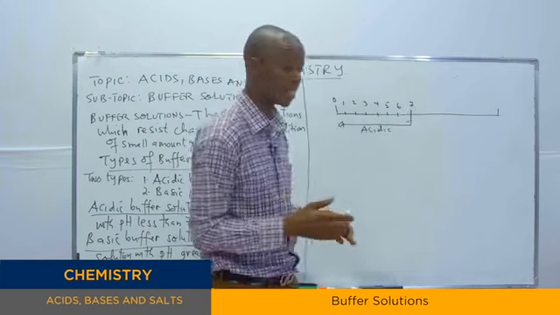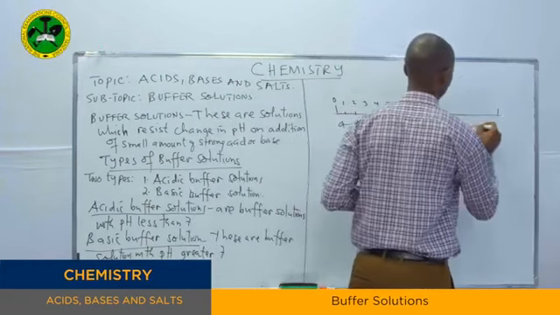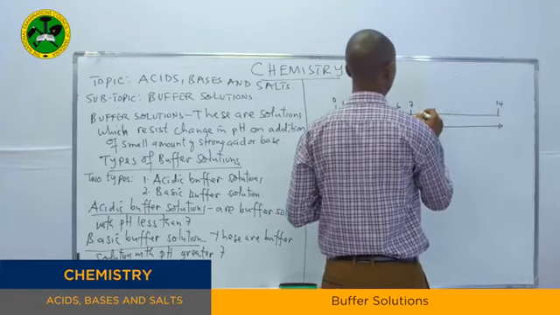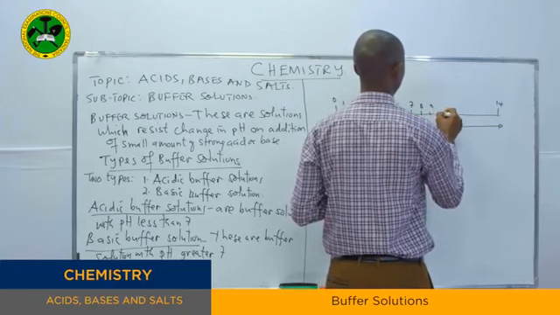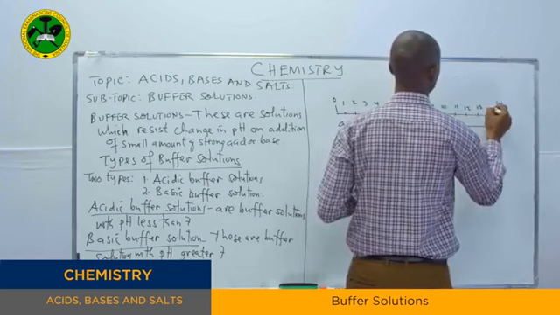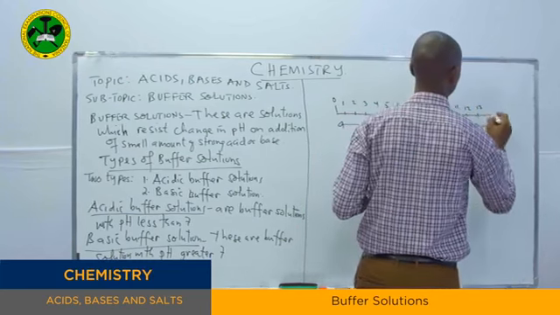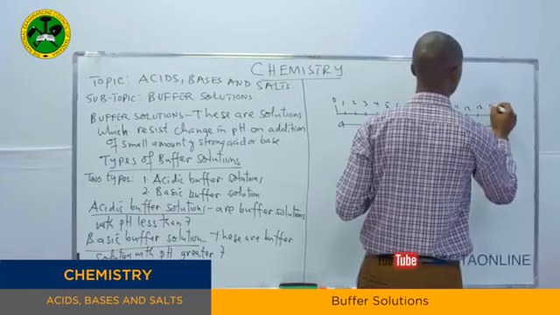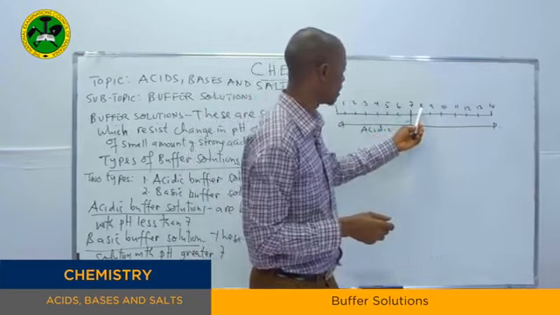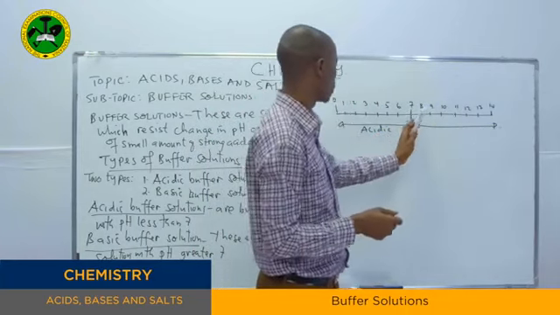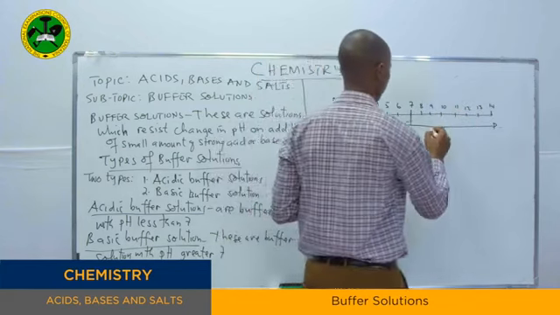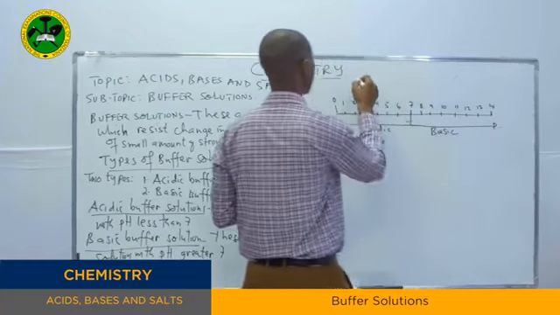Here we are talking about acidic. And when you look at the pH from 8 to 14 here, that means greater than 7. Here we are talking about the basic. So this is the pH scale.